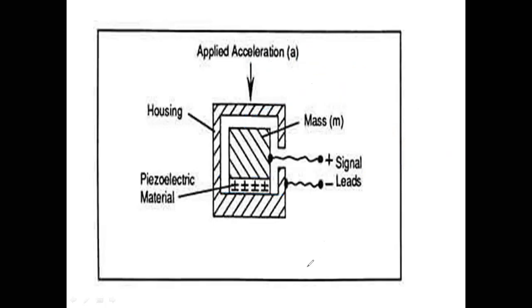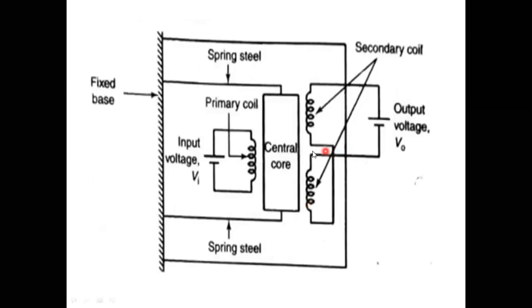Now let us move on to the LVDT type accelerometer. These are not DC voltages; these are AC voltages. This is a casing in which I am placing an LVDT.